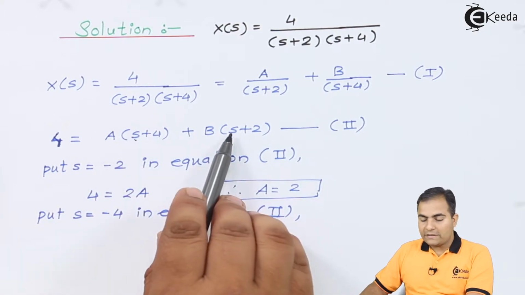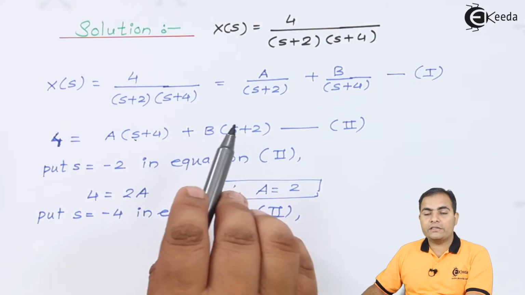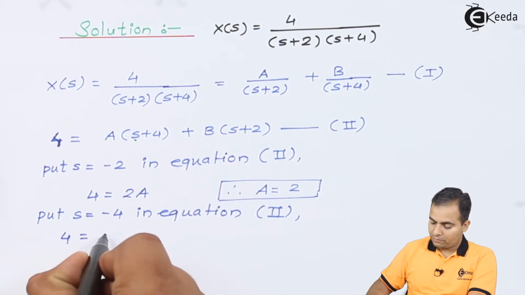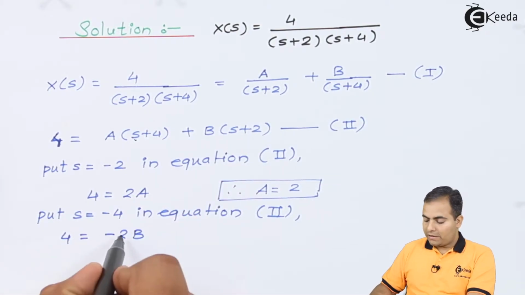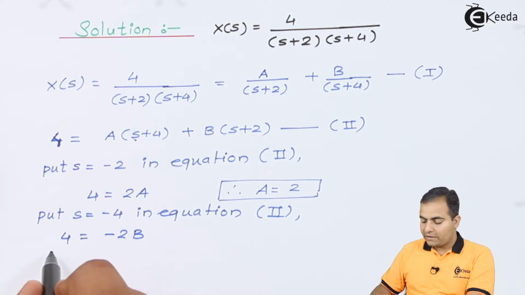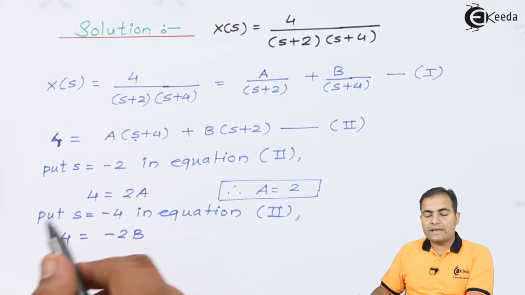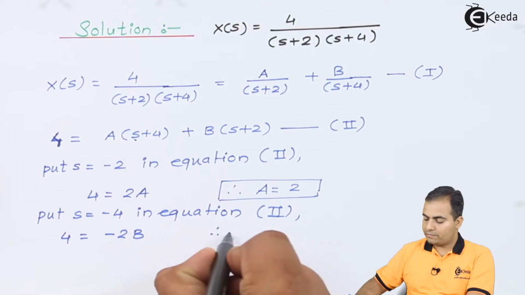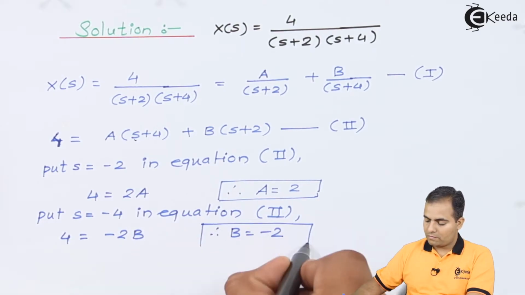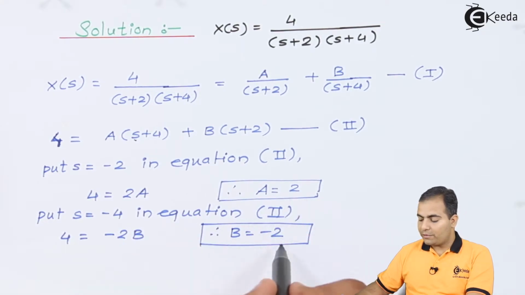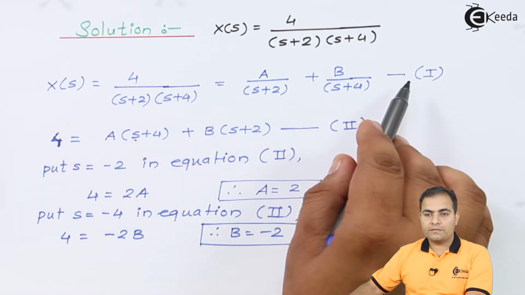But here if this s is replaced by minus 4, then what will we get? Minus 4 plus 2, the answer is minus 2. And if we shift this minus 2 to the left hand side, then 4 is divided by minus 2, the result is minus 2. Now substitute the a value and b value in our equation number 1.